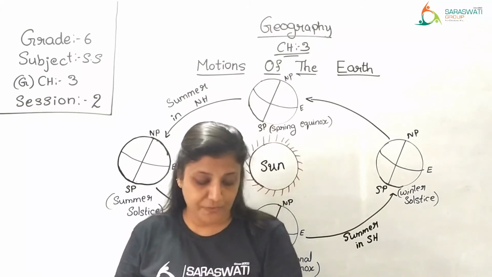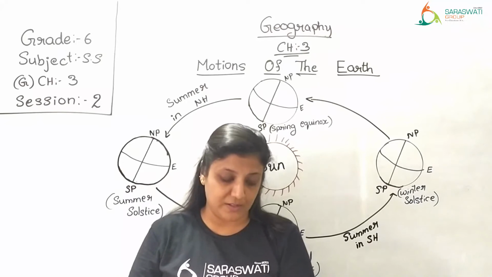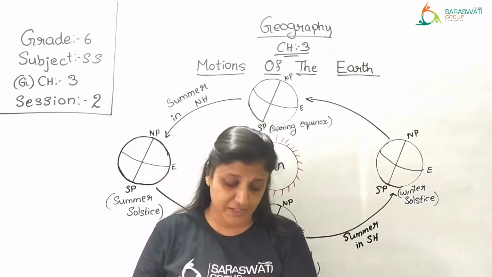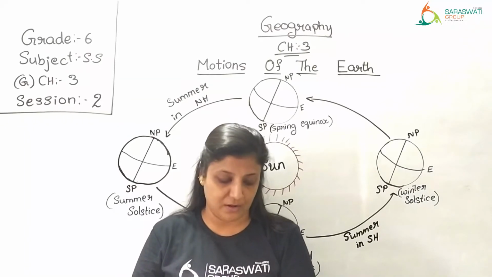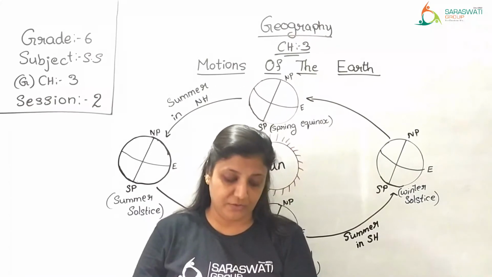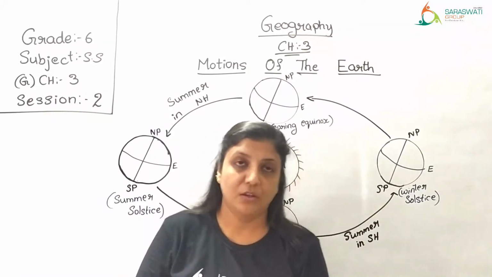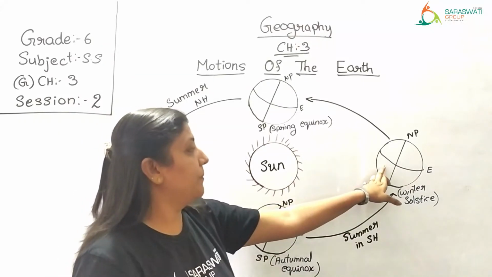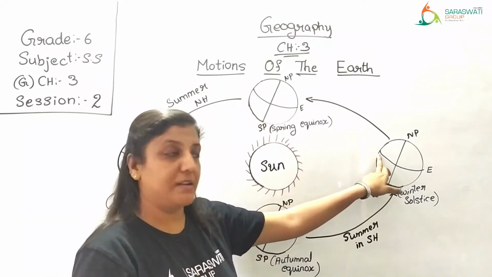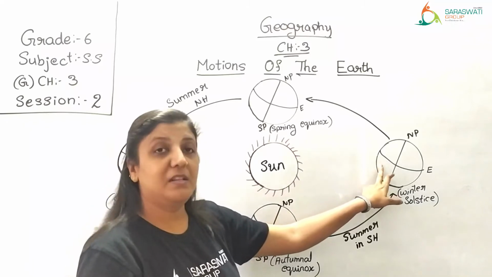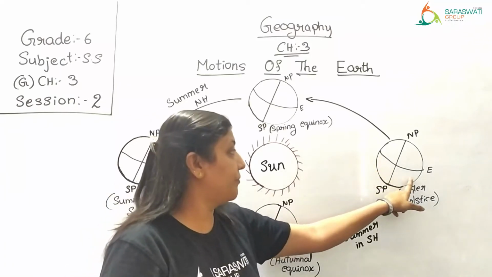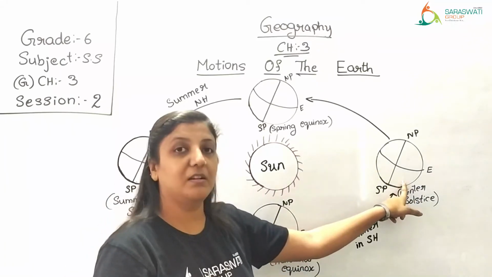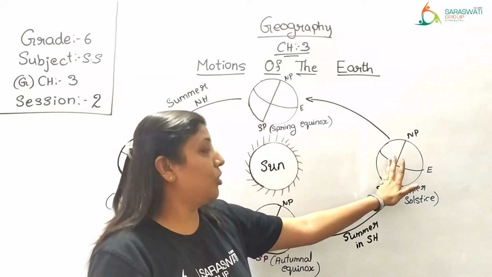The part of the earth that is tilted towards the sun receives vertical rays of the sun, while the other part receives the slanting rays of the sun. So whichever part is tilted towards us, see here, the equator will get the sunlight, but the parts in the southern hemisphere, that is Tropic of Capricorn, Antarctic Circle, they will get more heat.